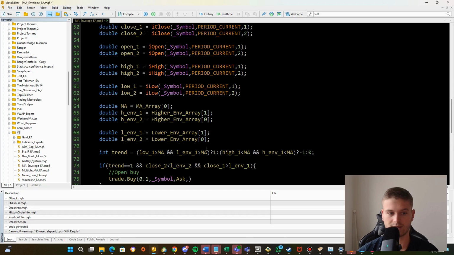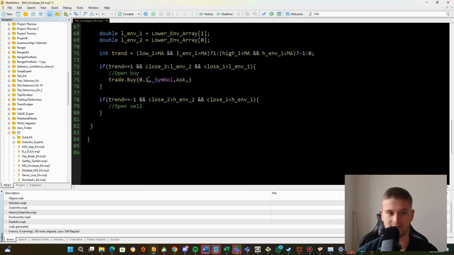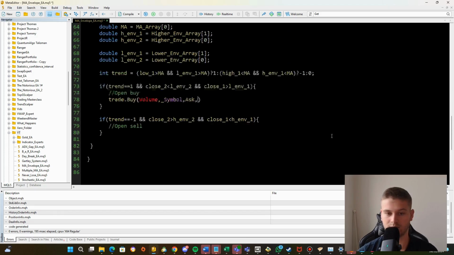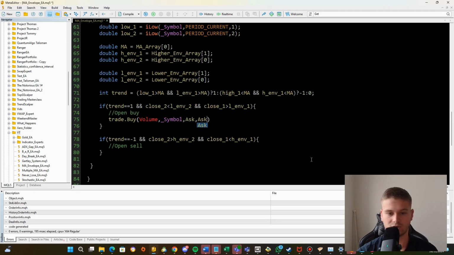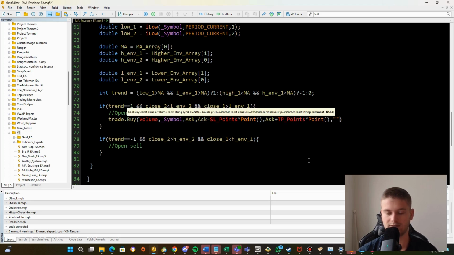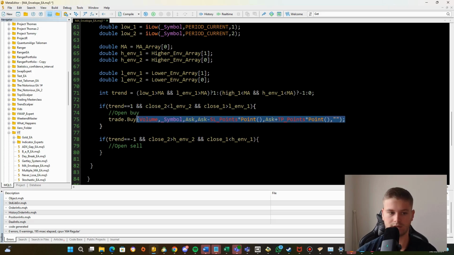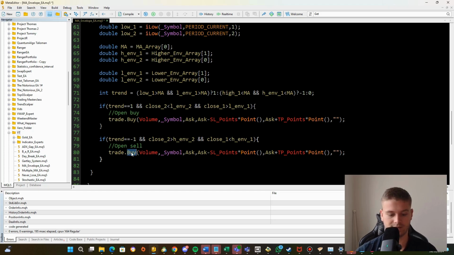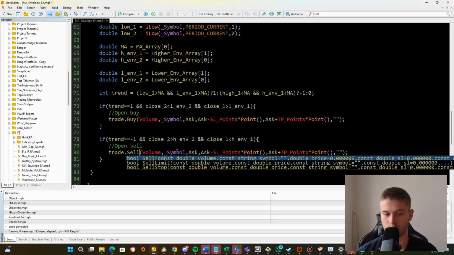So now let's go back here and let's replace these values with these inputs. So stop loss is ask minus the stop loss points times point. Take profit is ask plus take profit points times point, and we don't have to specify a comment here. It's not useful in any way to us.